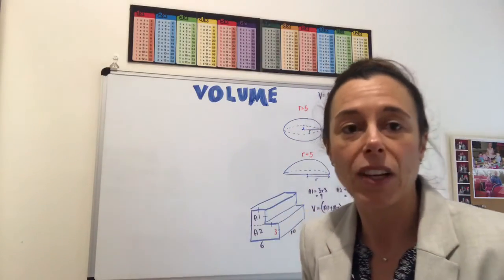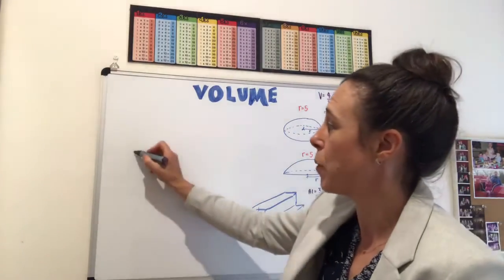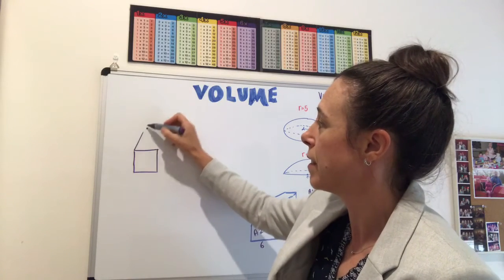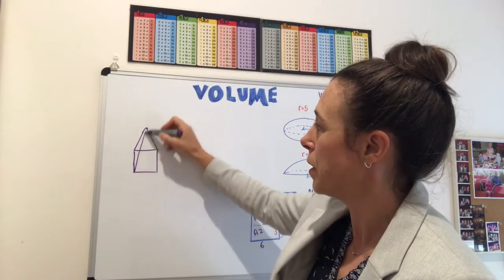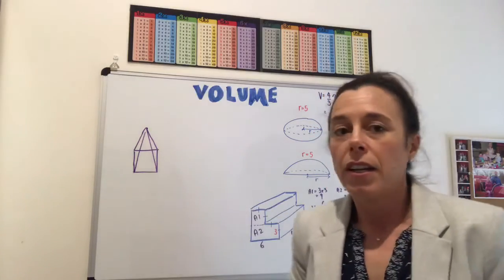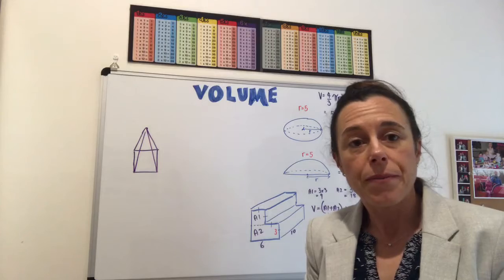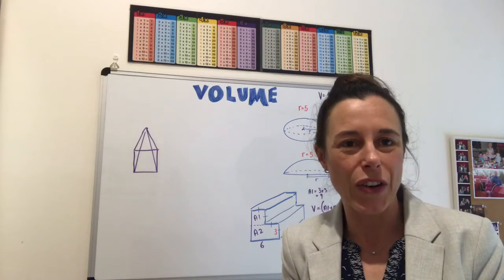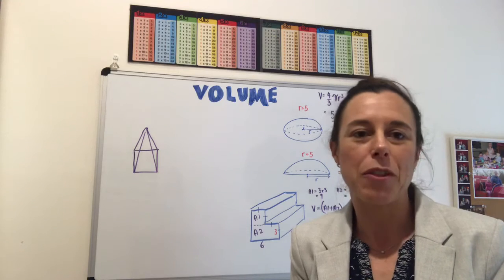So I just want to quickly have a look at a pyramid. Okay, so if we have a square-based pyramid, which comes up to a point. Okay, pyramids or cones have the formula 1/3 of the area of the base times the height.